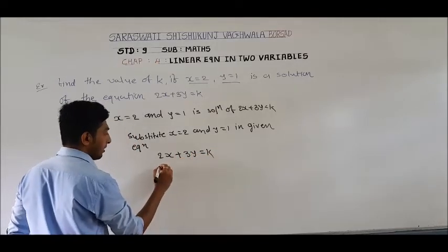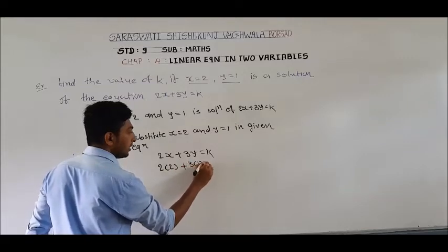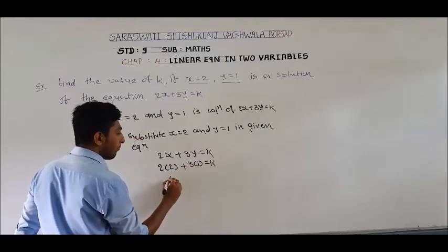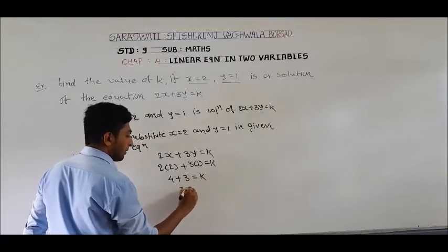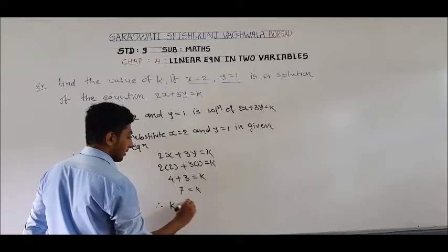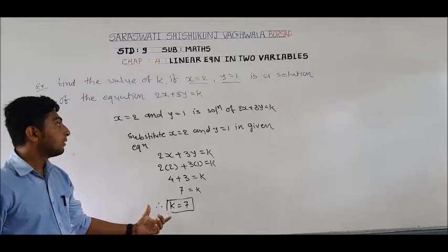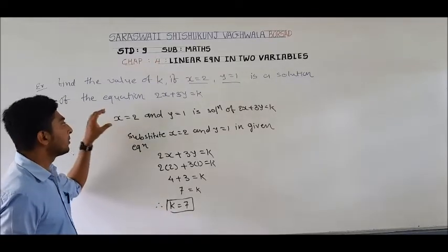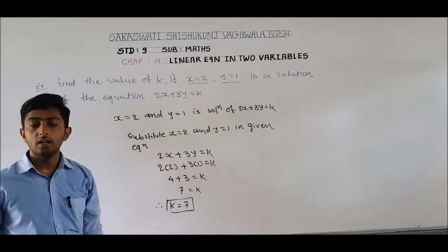Now substitute the value of x. 2 into 2 plus 3 into 1 equal to k. 2 into 2 is 4, plus 3 equal to k. That is 7 equal to k. Therefore k equal to 7. So by this way you have to find the value of k. You have to substitute only the values of x equal to 2 and y equal to 1 in the given equation.